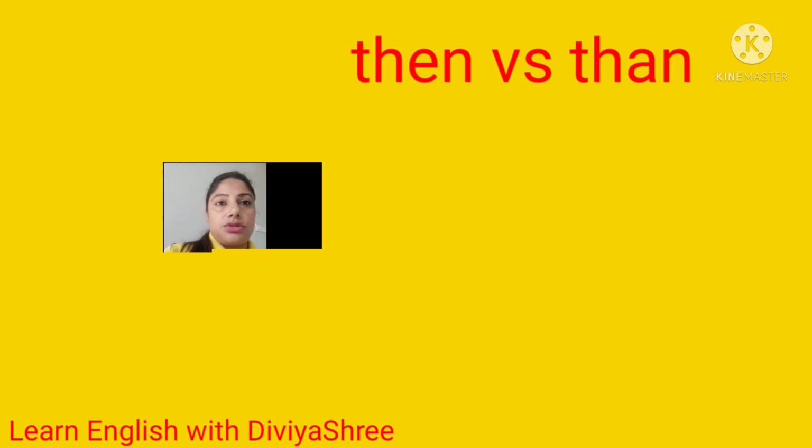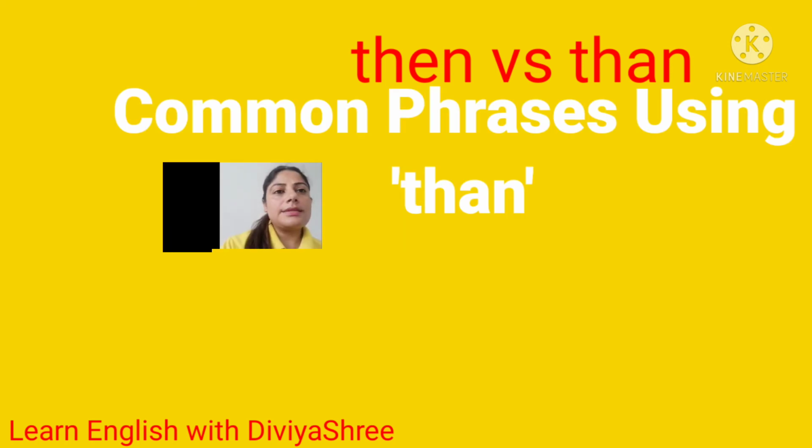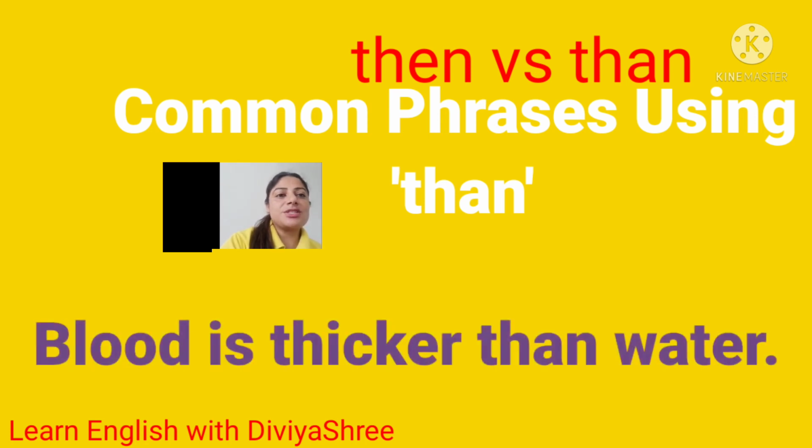Now guys, again let's see common phrases using than. There is a very common phrase, blood is thicker than water. So what does it mean? It means family is the most important thing.